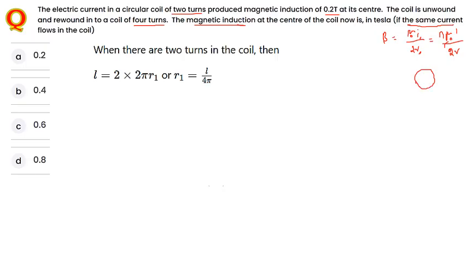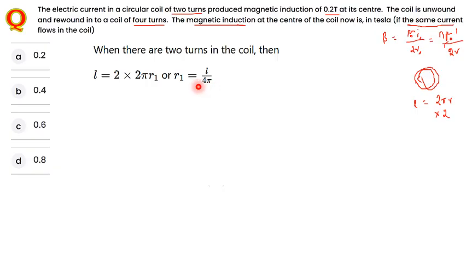If it has two turns, the total length L for a single coil is equal to the circumference of the circle, but here you have two turns of the same radius, that means 4 pi r. You can observe here, length is 2 into 2 pi r1, so r1 is equal to L by 4 pi.